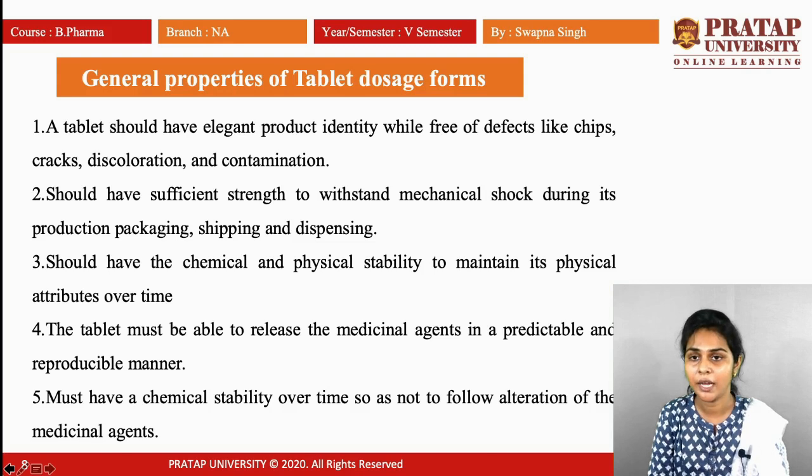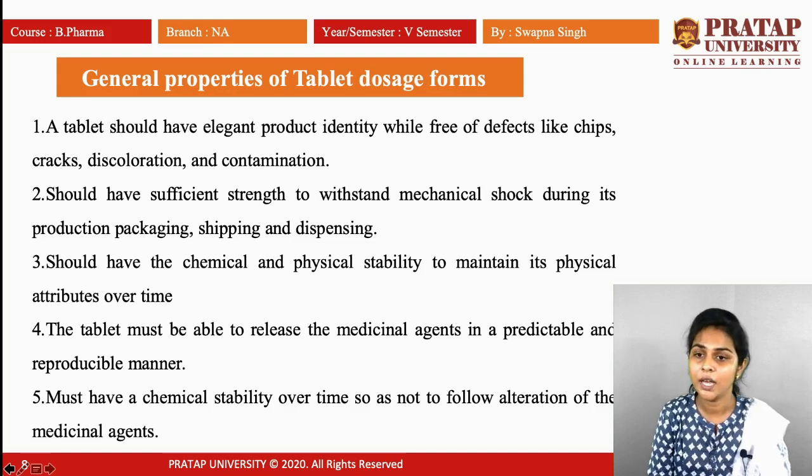Next are general properties of the tablet dosage form. A tablet should have elegant product identity while free of defects like chips, cracks, discoloration and contamination. Next, it should have sufficient strength to withstand mechanical shock during its production, packaging, shipping and dispensing. There are different stages after manufacturing, so the tablet should have sufficient strength to pass all these steps.